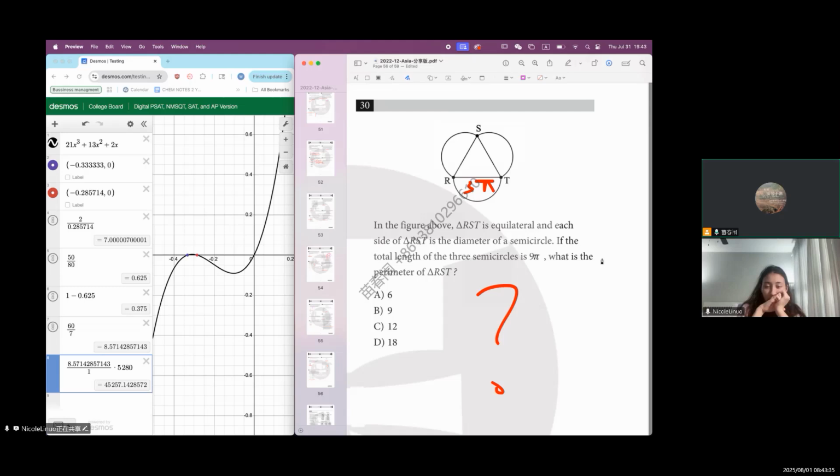The triangle is equilateral and it's a semicircle diameter, sure. But the total length of the three semicircles is 9. One thing I didn't get from the reading is the total length. Oh, that was the arc. Okay.